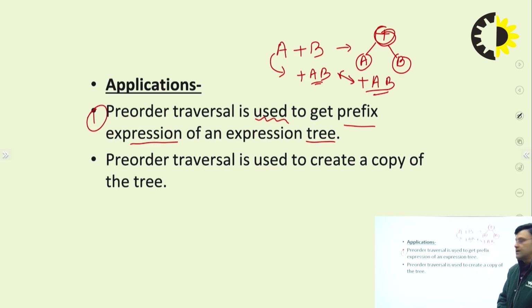Number two, pre-order traversal is used to create a copy of a tree. Definitely, we are creating a copy. If we have a pre-order with the in-order, we can easily trace and create the binary tree. So it is used to create a copy of a tree, right?